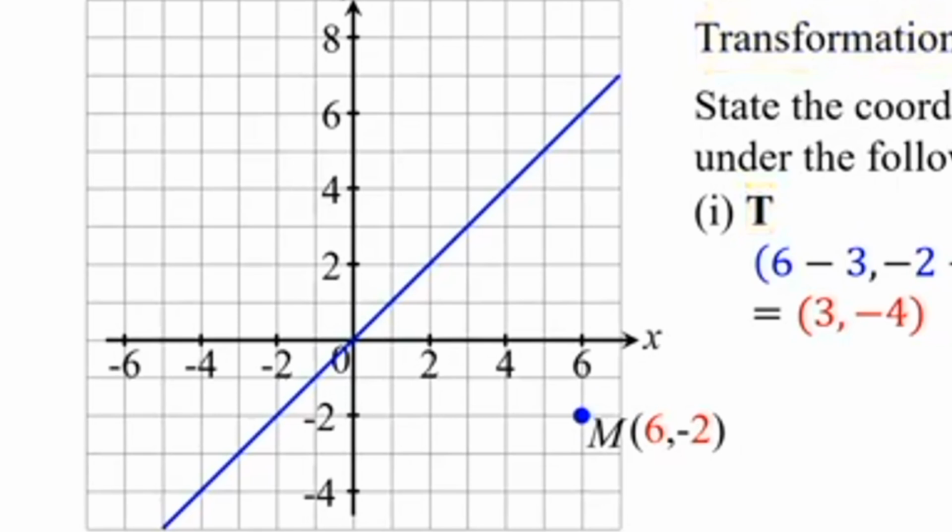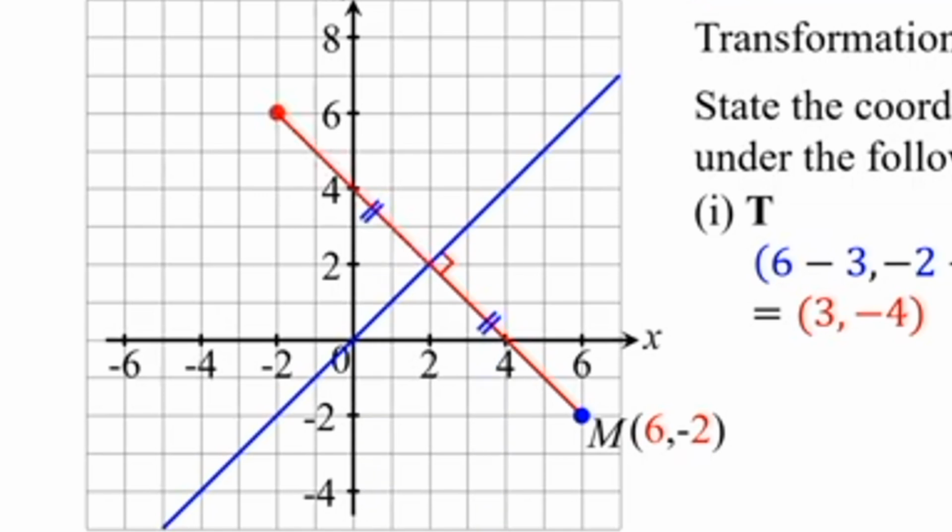And then for that line, because you want to do reflection for the point M, the concept of the reflection is the distance from the point M to the line y equal to x. Alright, the perpendicular distance, must be perpendicular distance. So make sure there is a right angle there. And the distance from the line of reflection to the image must be equal.